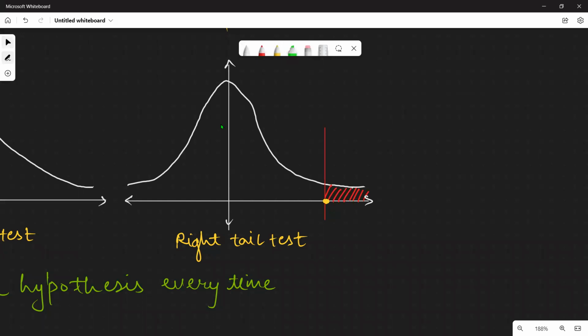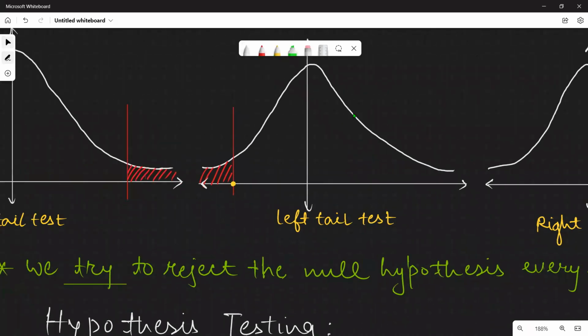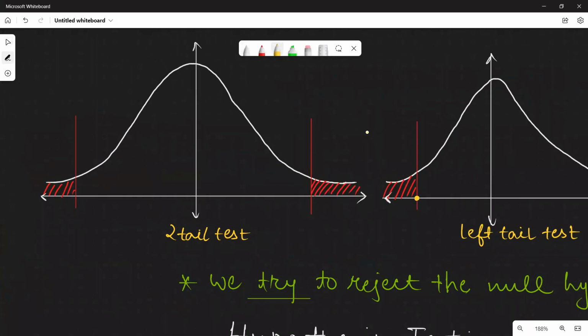Similarly, here also, I have arbitrarily drawn a line and mentioned that from here onwards, the value of H naught is going to be regarded as being in the rejection region. Similarly, here also, I have drawn these lines arbitrarily. I don't have a specific formula or a specific technique of doing that.